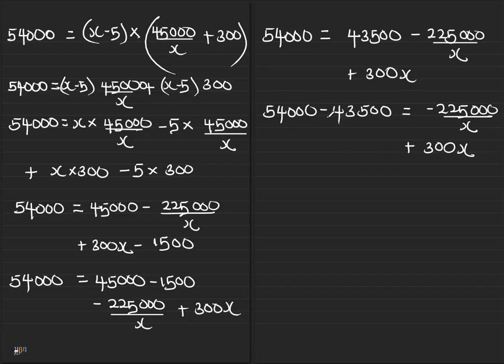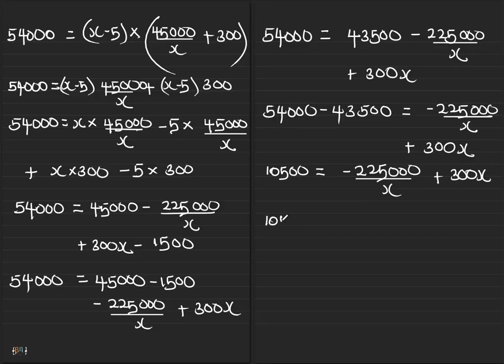Simplifying what we have on the left hand side, we are going to get a 10,500, which is equal to the negative 225,000 all over x and then plus 300x. Now, since there's a fraction involved, what we'll do is we'll multiply each and every term by x, so that we eliminate this x over here.